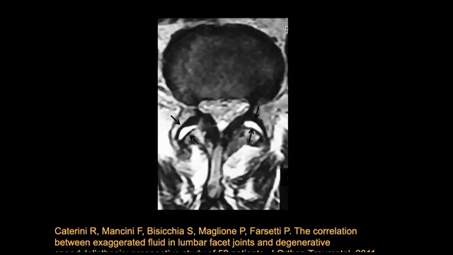Now, one thing I'd like to mention with the facet joints here is that you sometimes paradoxically see a widened facet joint. So remember, we said OA is loss of articular cartilage and there should be joint space narrowing, but that's in the loaded condition. So here we're imaging somebody in a supine condition.